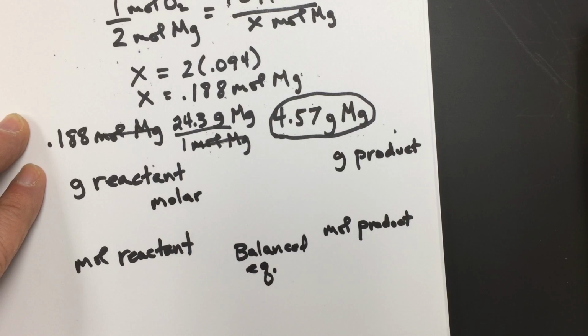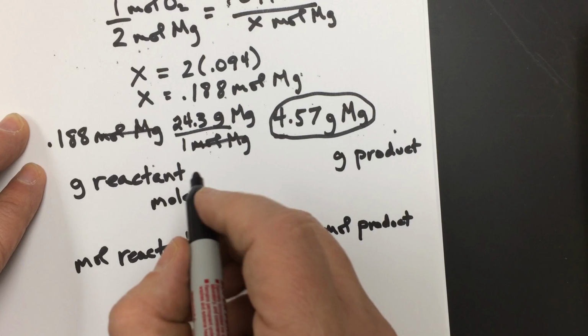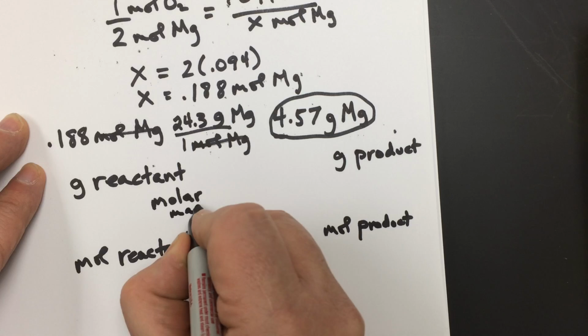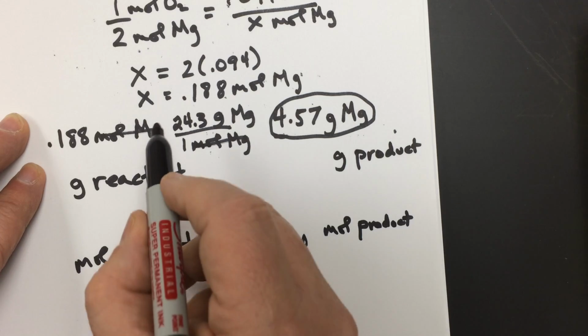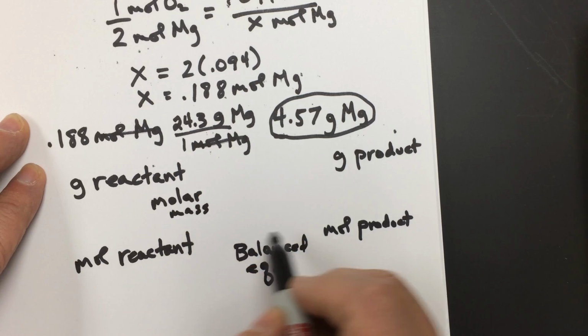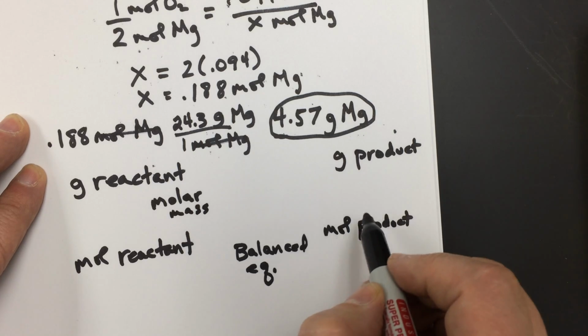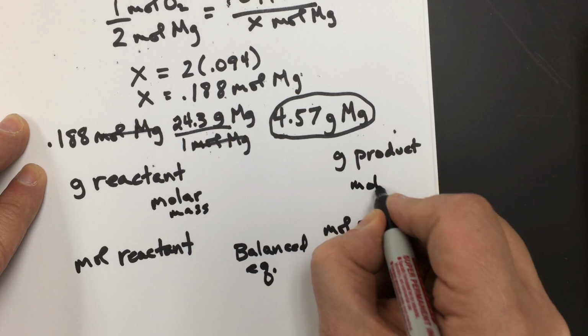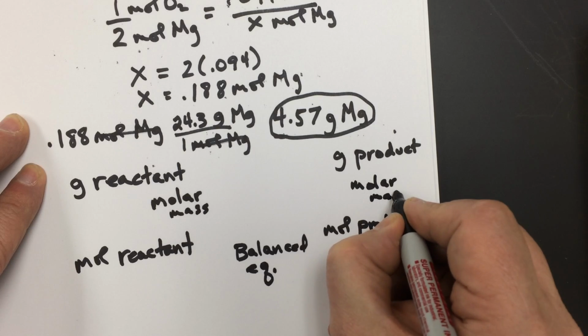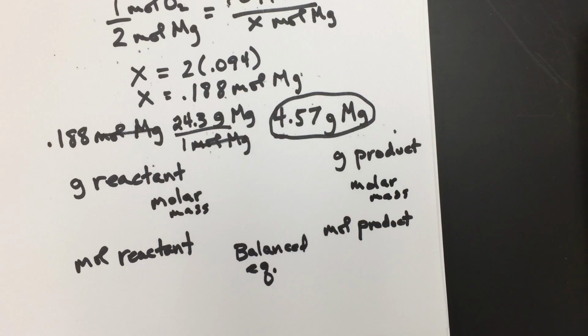Make sure you multiply by the number of each of those atoms. So this is molar mass from the periodic table, and you can go from grams to moles. And then when you're in moles, you do the very same thing. You're going through the molar mass again, and the molar mass will either give you moles if you have grams, or it'll give you grams if you have moles.